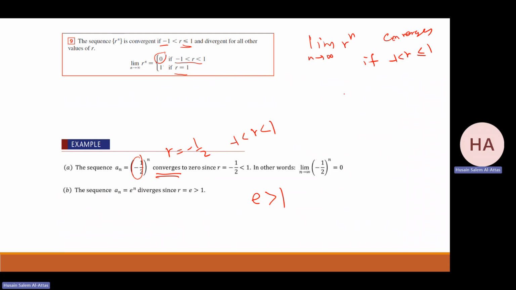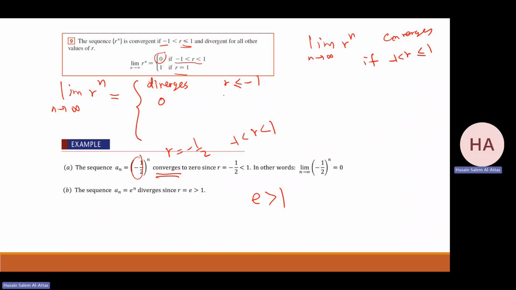Limit of R to the power n as n goes to infinity: it diverges if R is less than or equal to -1, because with -1 it will alternate.